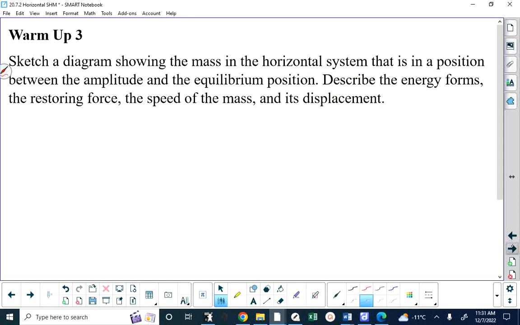What about when it's not at the maximum displacement and when it's not at the equilibrium position? What's going on there? Well, I can just do a rough sketch here.